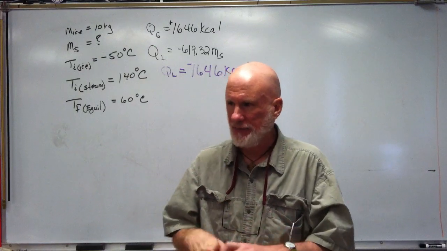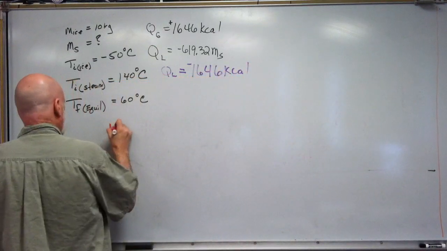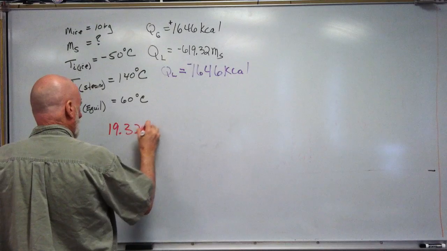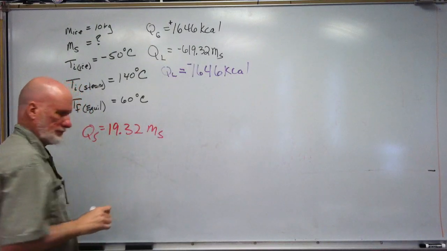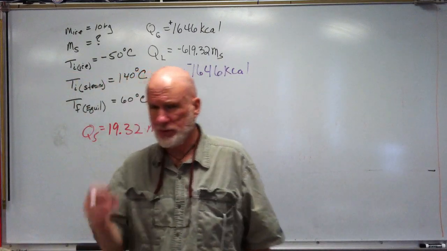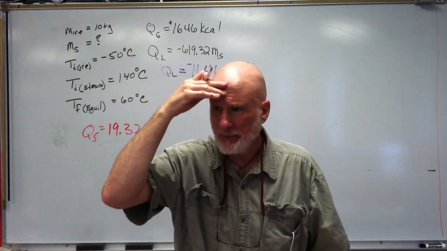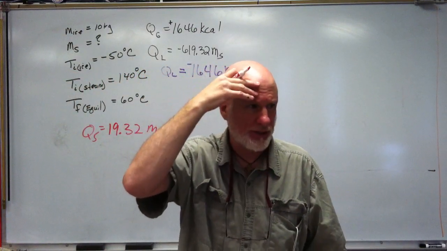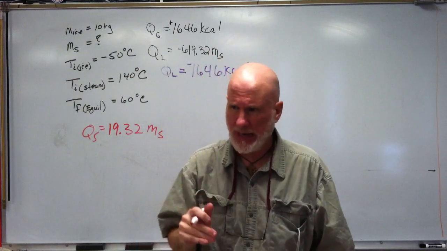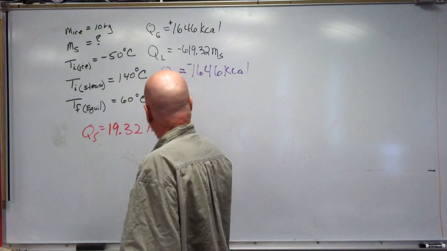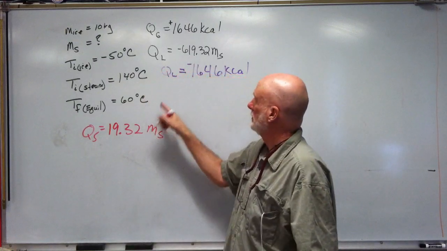What was Q5? 19.32 MS. What I want is for you to be able to do all of your heats on your answer sheet. Q1, Q2, Q3, ice and steam, Q4, Q5. So that's going to be, plug in, 2.66.